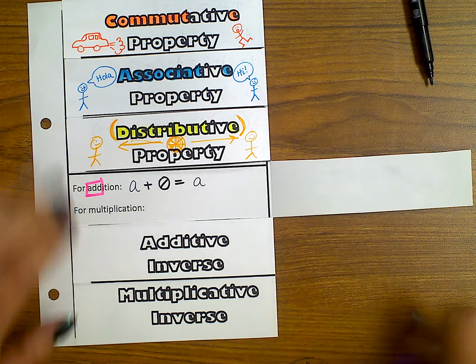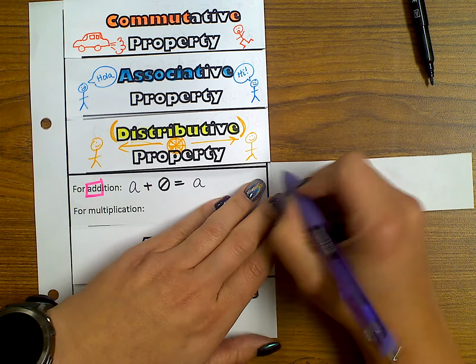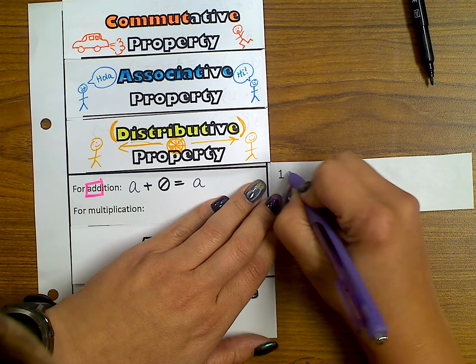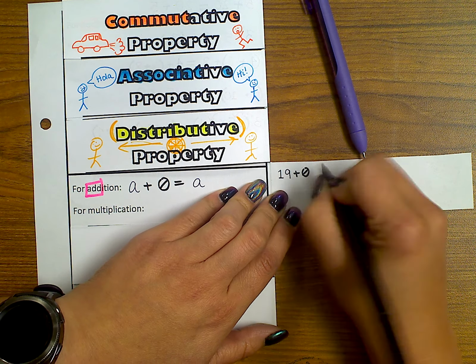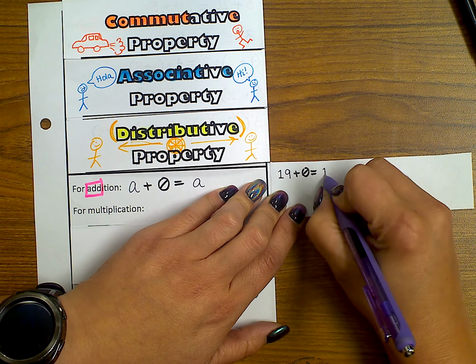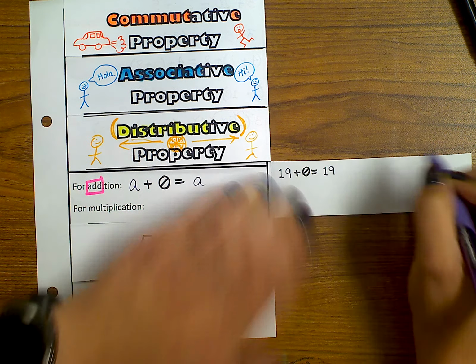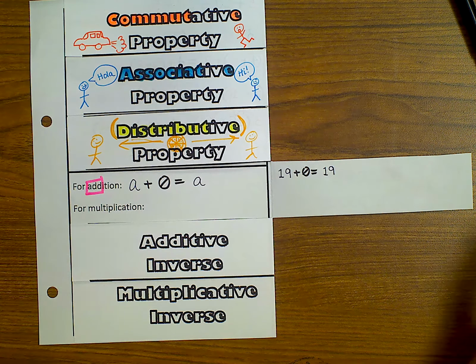All right. So let's do an example. Let's say 19 plus 0 is going to give me, well, the exact same thing. Doesn't change who I am. It leaves me as 19.